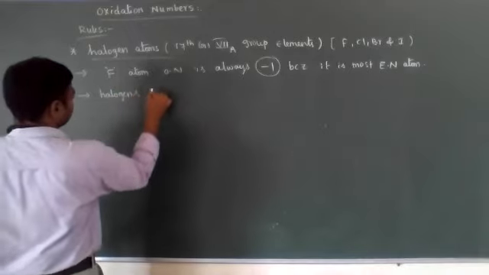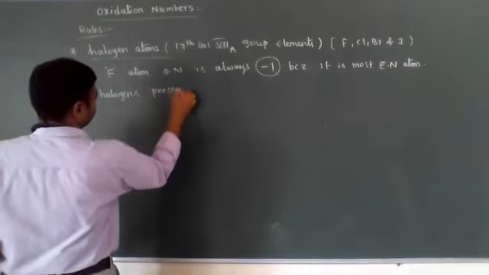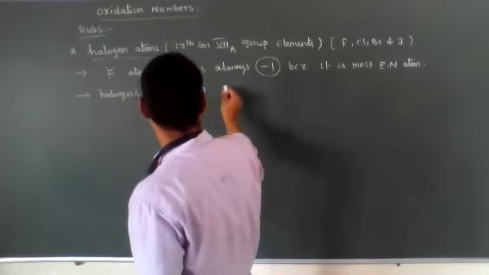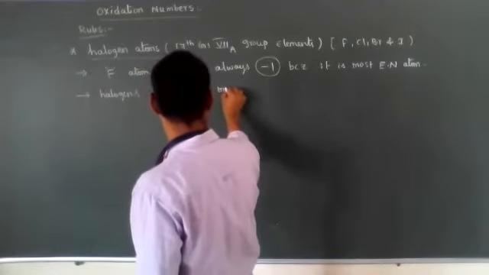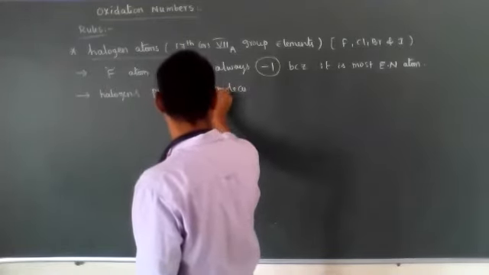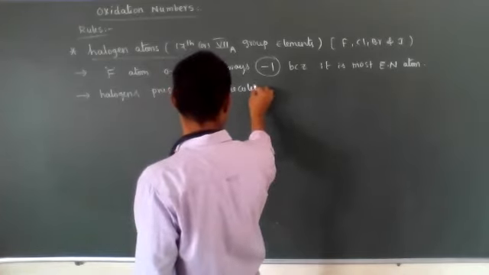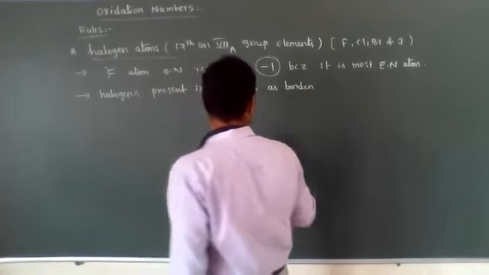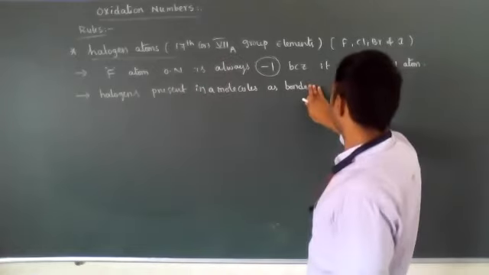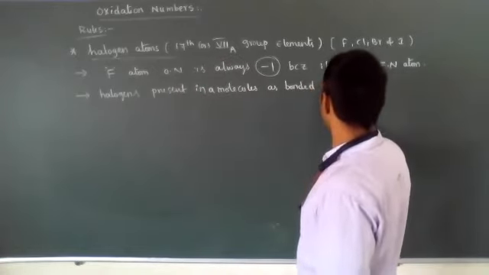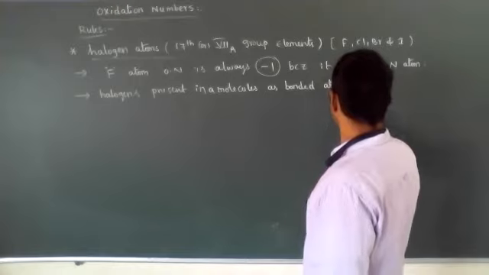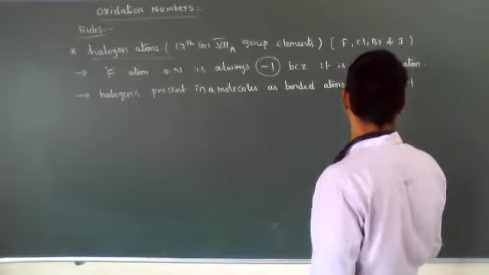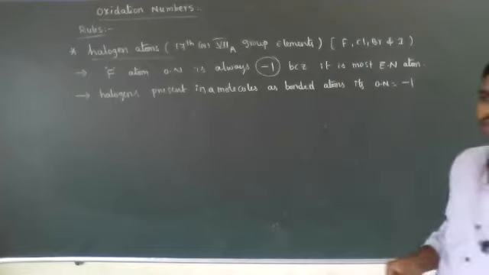Halogens present in molecules as bonded atoms, their oxidation number is equal to -1.